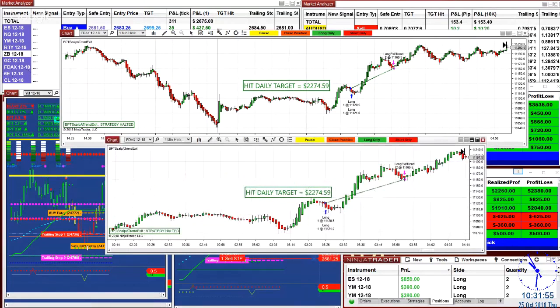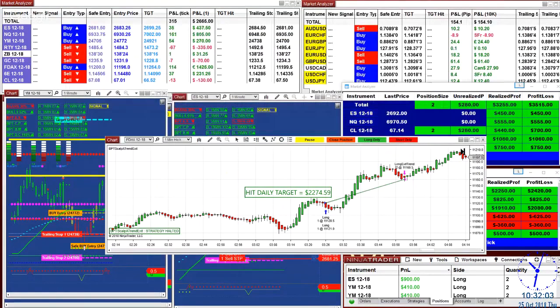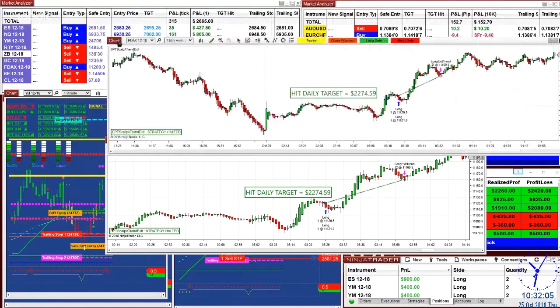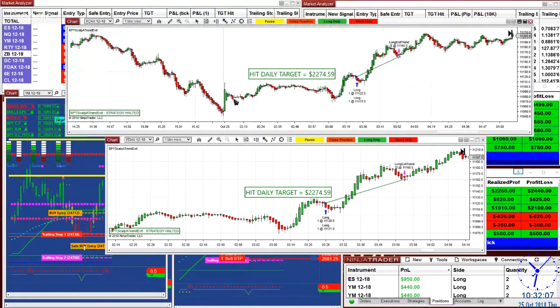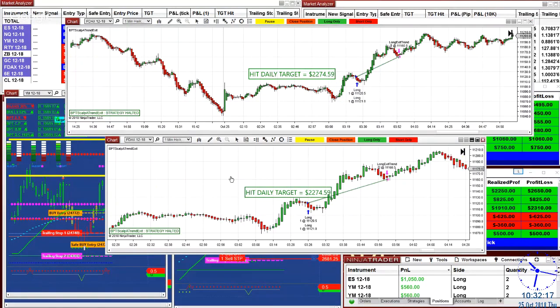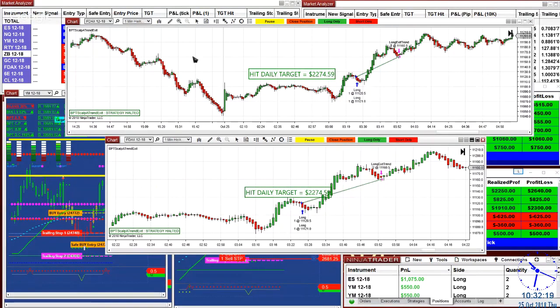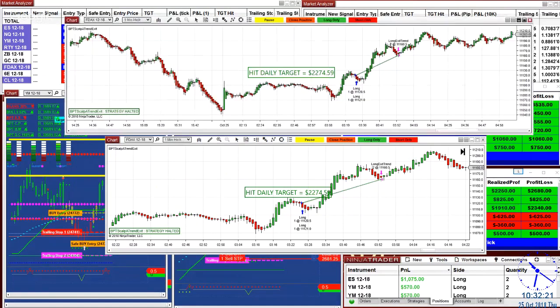And one trade and filtered is the same. I'm sorry, this one here is unfiltered. I need to color them because I'm getting confused between those two sometimes. This one here at the top is unfiltered. One trade, 22.74. And this one is filtered. It's the same thing, the same story.